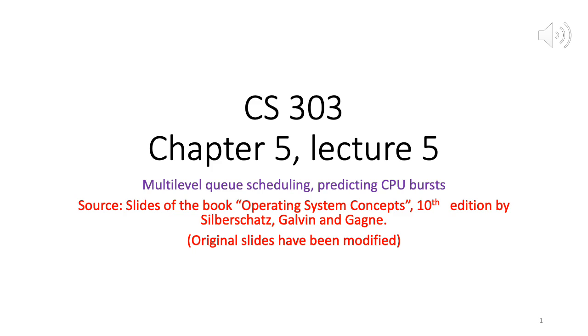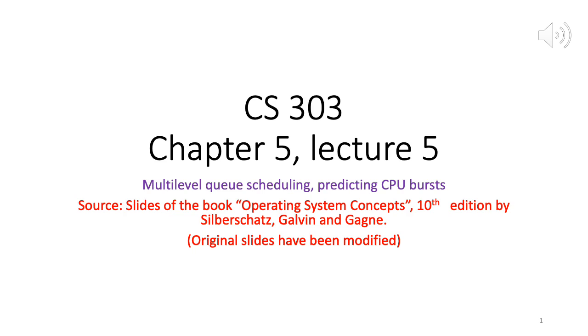So multi-level queue scheduling, as the name suggests, means that instead of one ready queue, we have multiple ready queues. Up till now we have been assuming that we have only one ready queue. Any task that needs the CPU for executing instructions, or any task which is in a ready state, will be inserted into the ready queue.